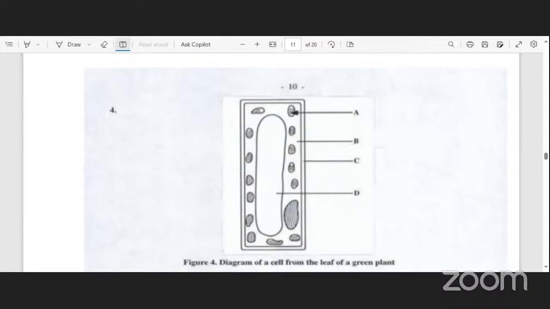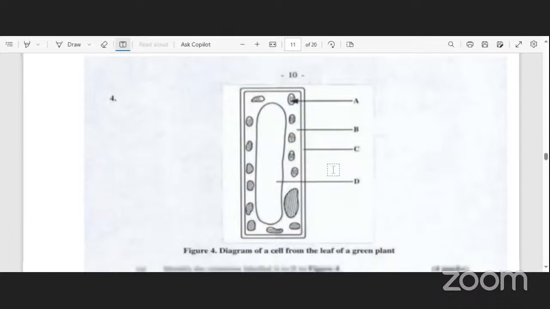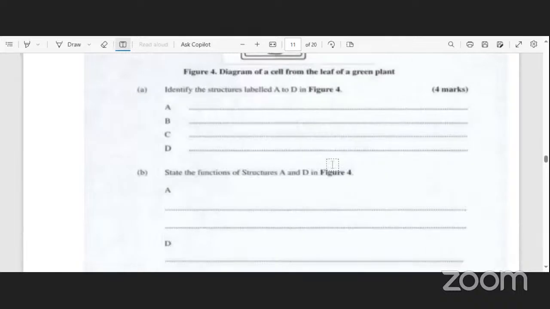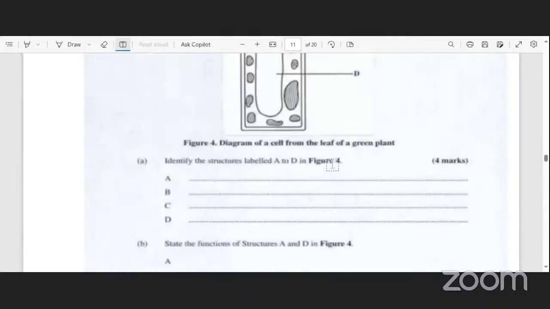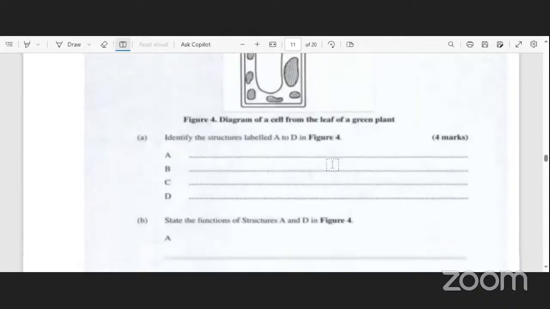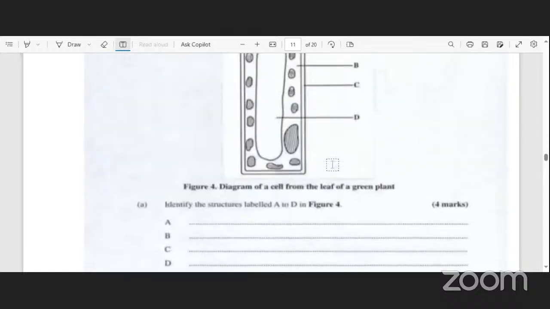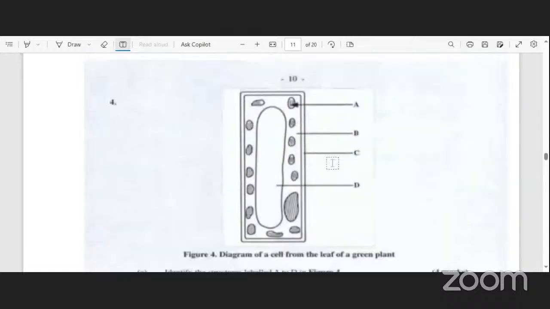What is A? So D, vacuole, C, cell wall, B, cytoplasm. What would A be? We can tell me what is A. What is A, students? A would be the chloroplast.